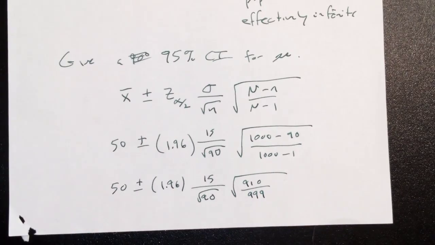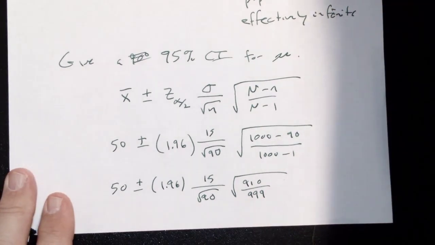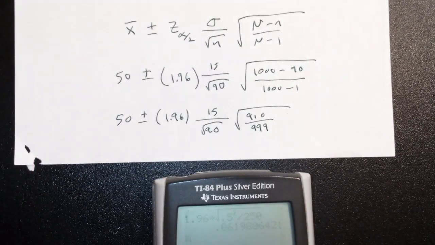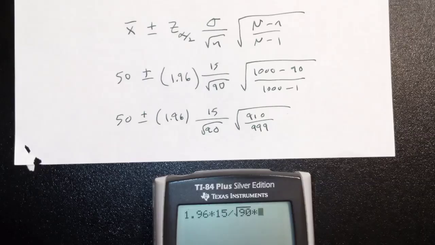Out comes my calculator. Let's compute our margin of error. I'm literally just typing in those three numbers in order. 1.96 times 15 over the square root of 90 times square root of 910 over 999.